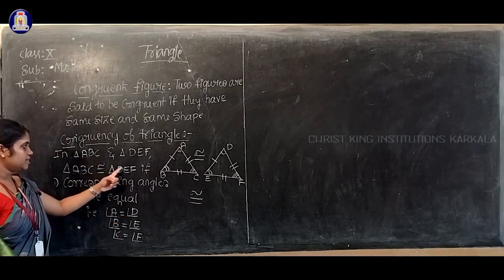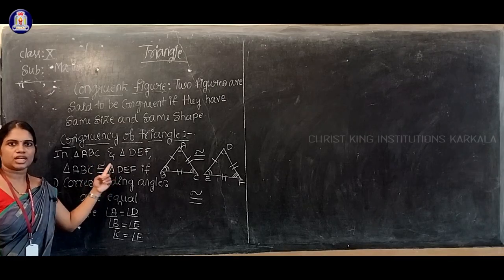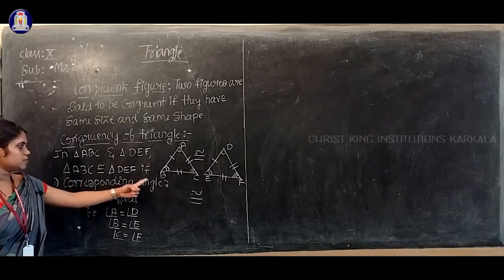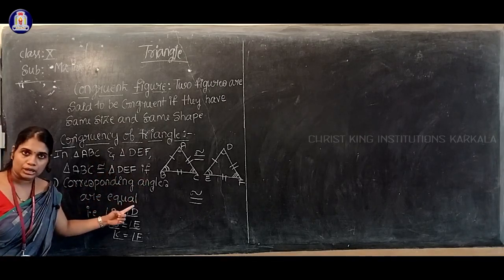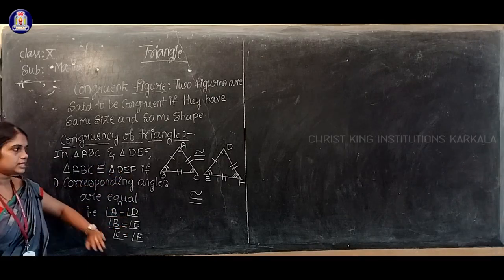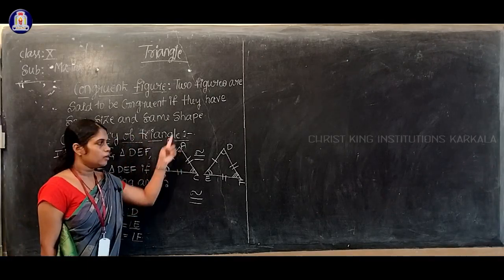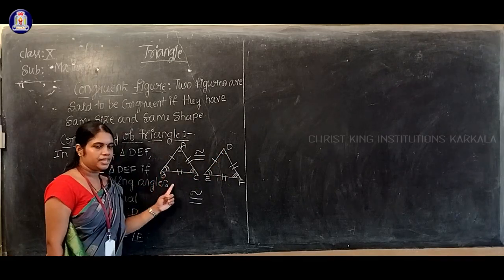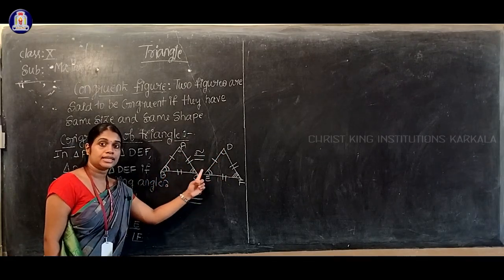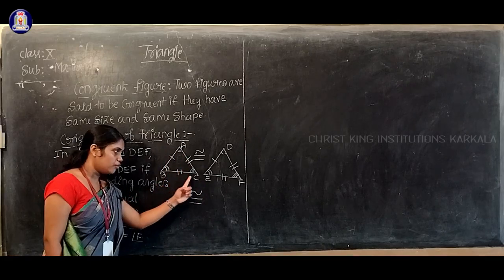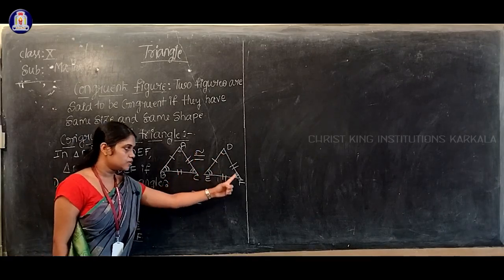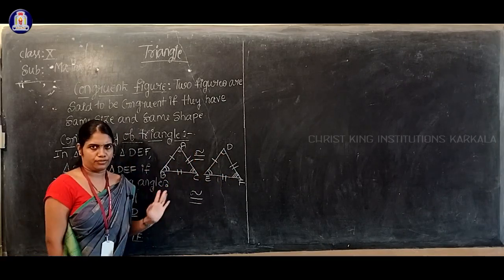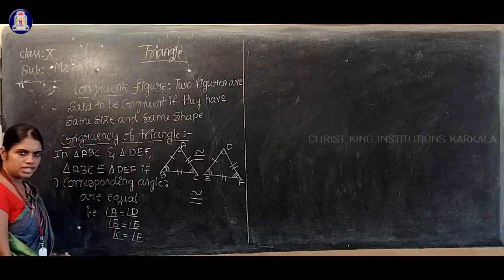Any two triangles are congruent if their corresponding angles are equal: for angle A it is angle D, for angle B it is angle E, and for angle C it is angle F.